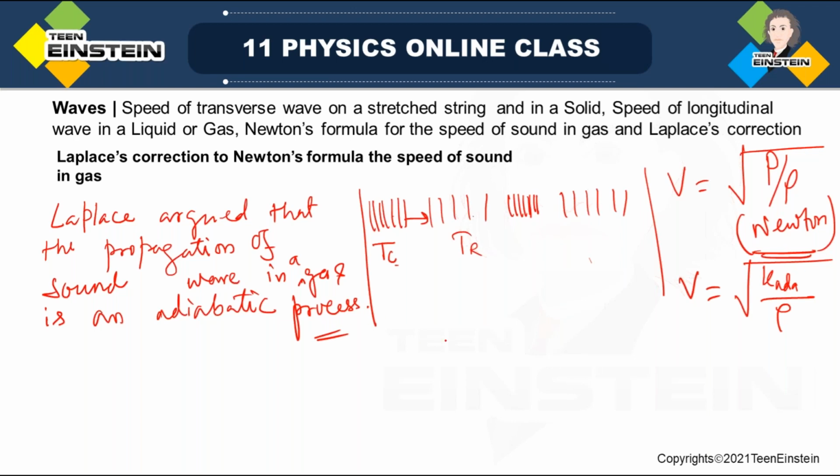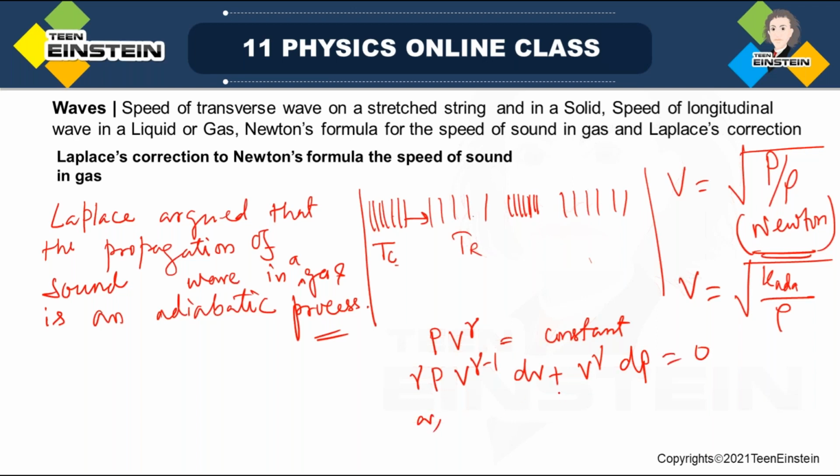We have to find out the adiabatic bulk modulus. So how to find out? We know P V to the power gamma is equal to constant. So from here we can find gamma P V to the power gamma minus 1 dV plus V to the power gamma dP is equal to 0.